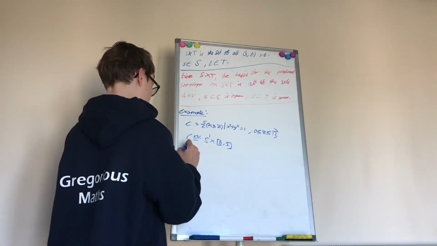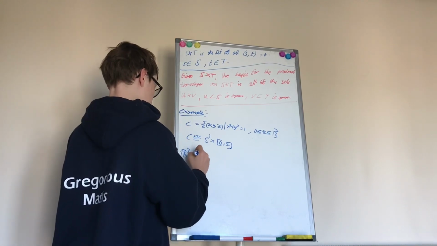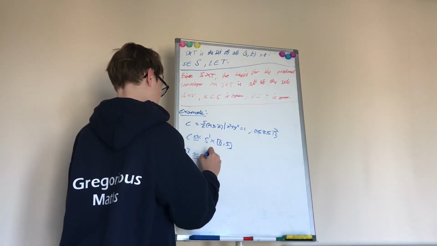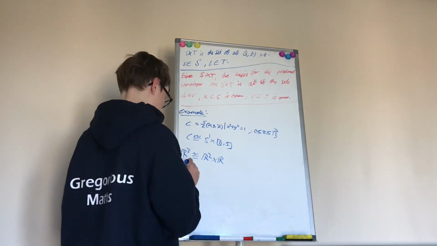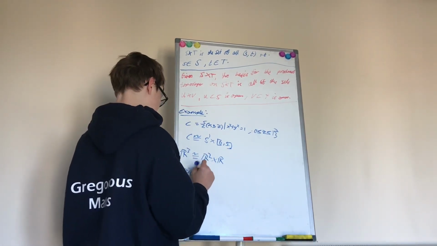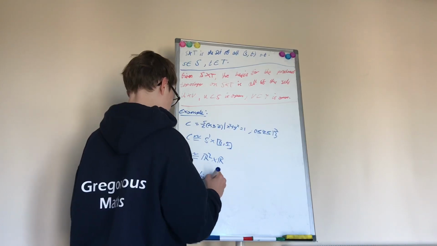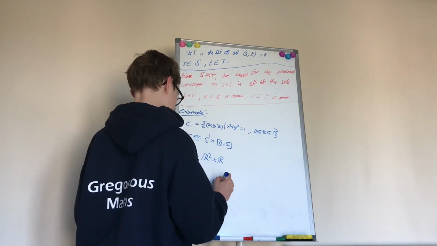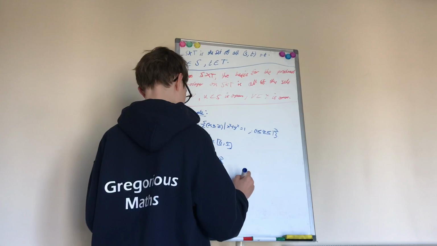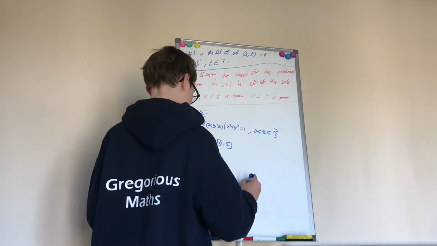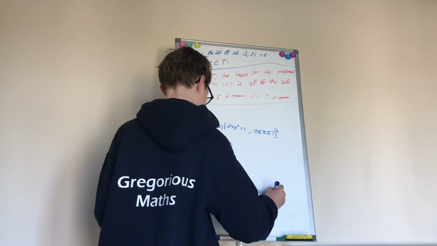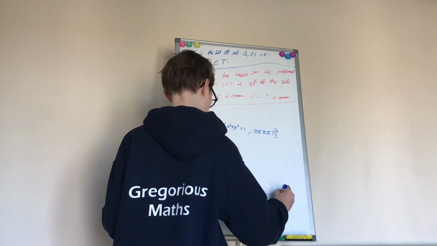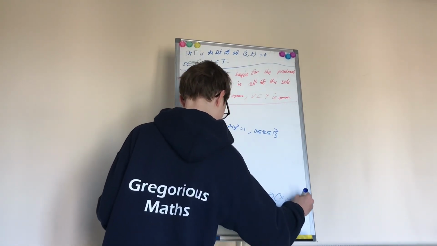Why is this so? Well, R3 is homeomorphic to R2 cross R via the bijective continuous map sending (x, y, z) to ((x, y), z), just the usual x, y, z.